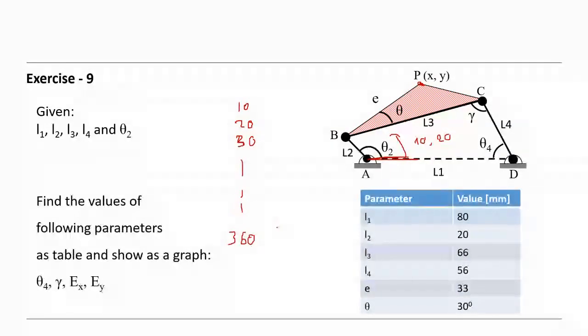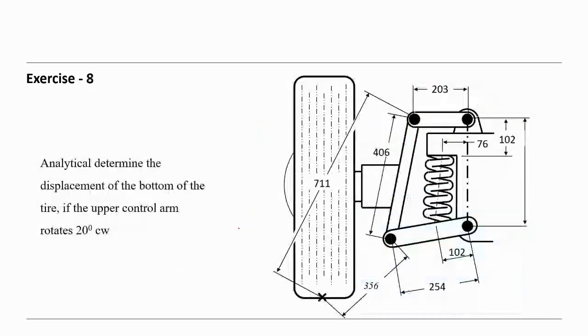I have another question, number 8. In the 4-bar mechanism, the length L1, how can I calculate it?